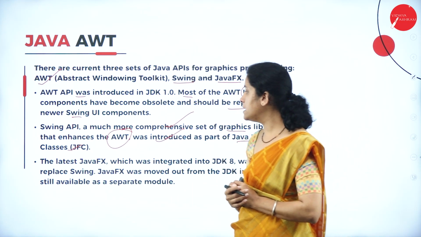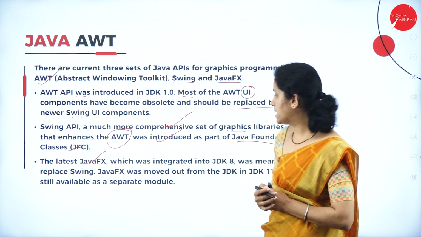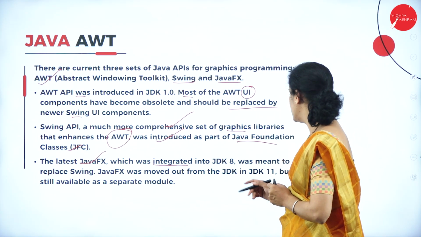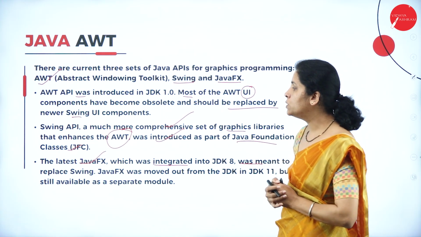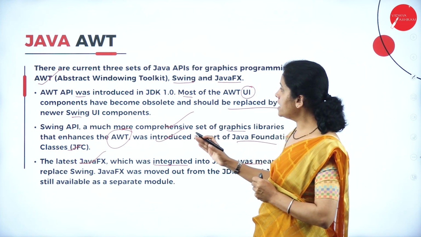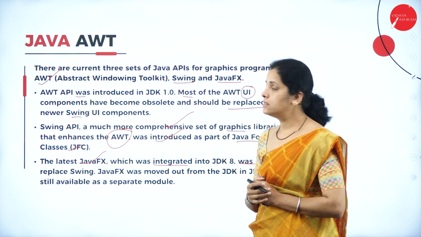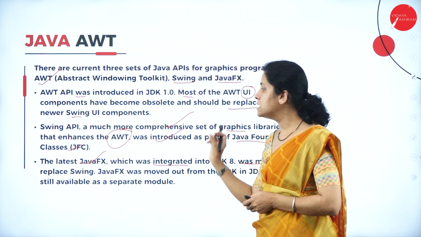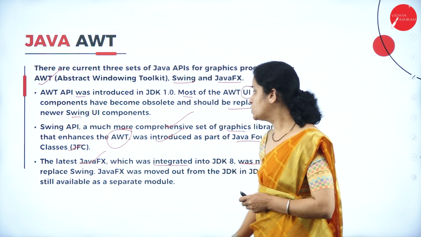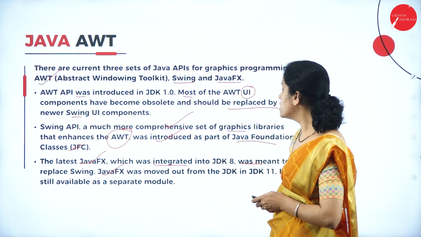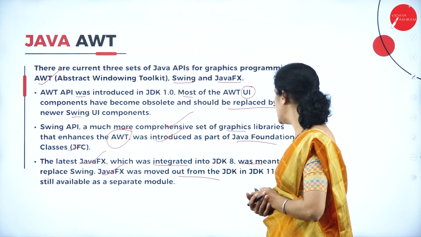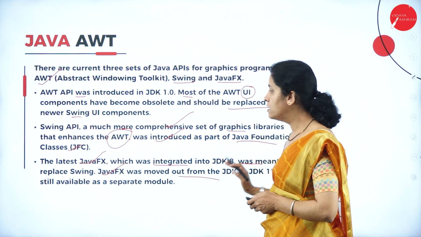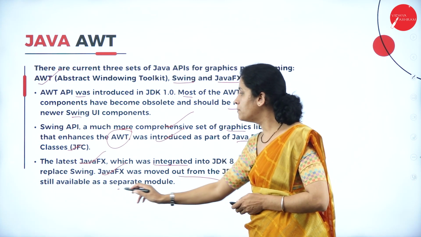And the third one is JavaFX, which was integrated into JDK 8 and was meant to replace Swing. Initially we had AWT, now that is replaced by Swing. Now this Swing is replaced by JavaFX. JavaFX was moved out of the JDK in JDK 11, but it's still available as a separate module.